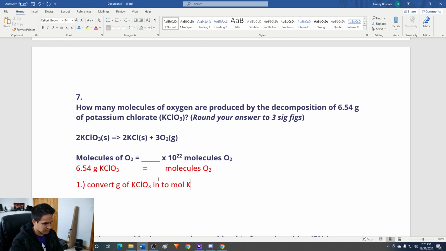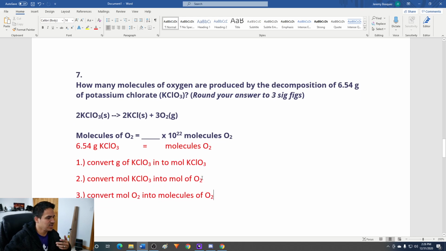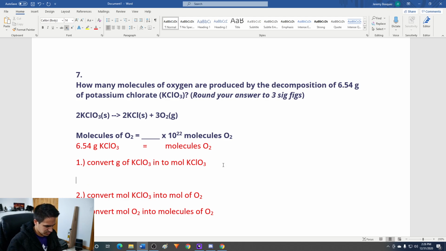That's always the first step, get into moles if you're not in moles. Step 2, convert moles of KClO3 into moles of O2. And step 3, convert moles of O2 into molecules of O2. So basically steps 1 and 2 are exactly the same. Step 3 has a little bit of a change to it.